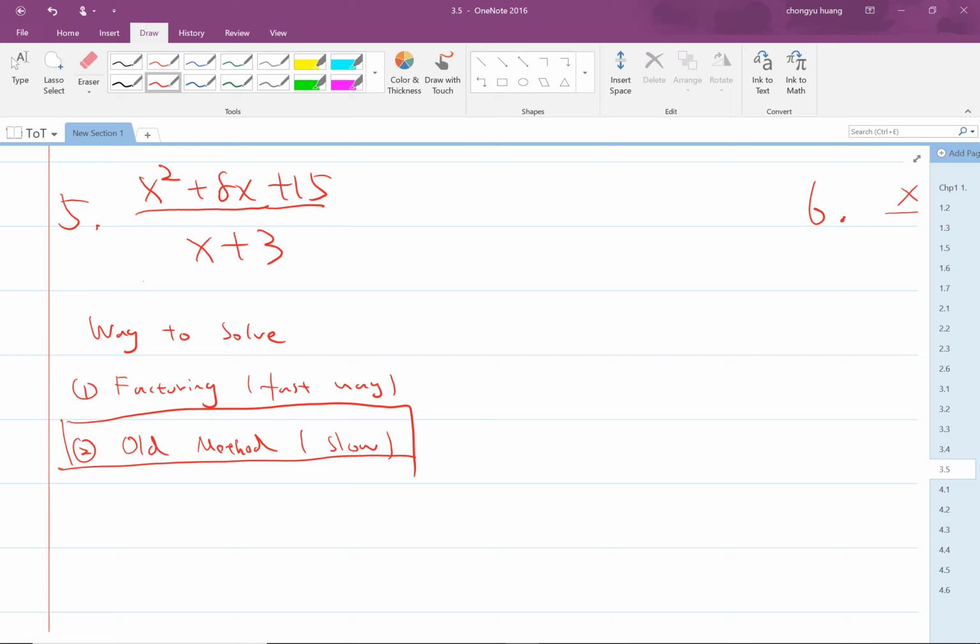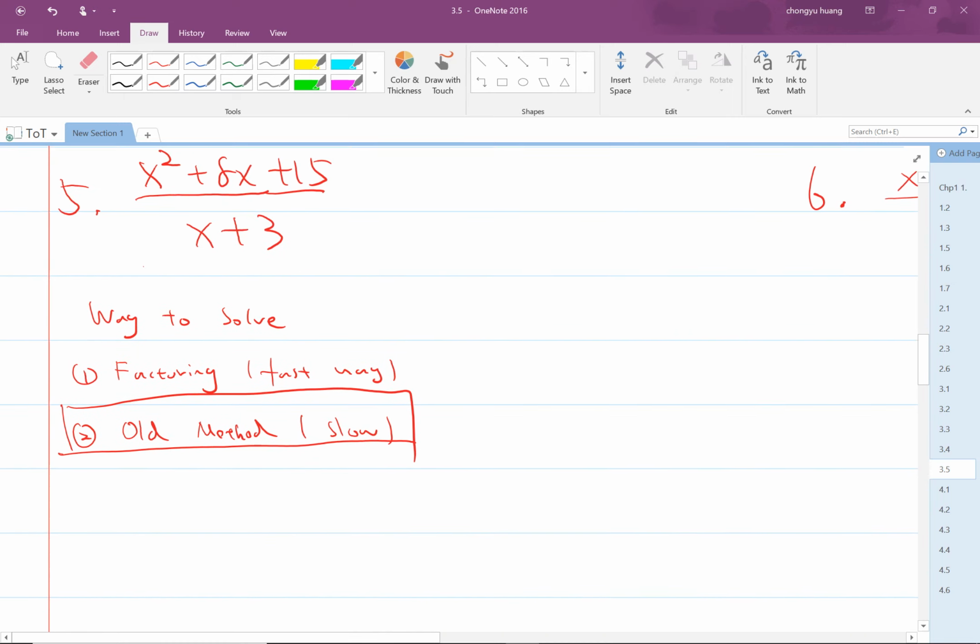But since we haven't talked about factoring, which is the fast way of solving the problem, we basically just use the old method, which is slow. I'm just going to show you how you solve this problem with the old method.